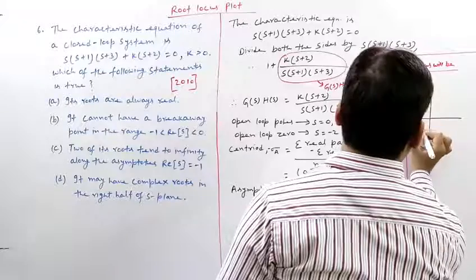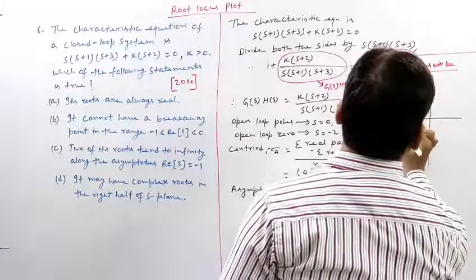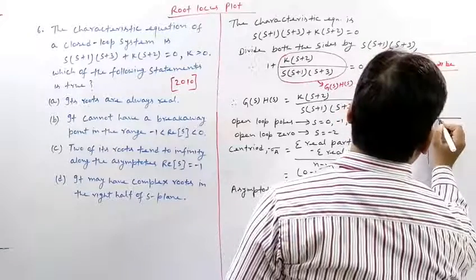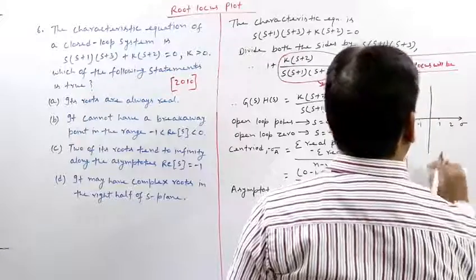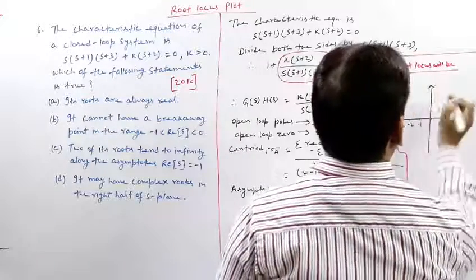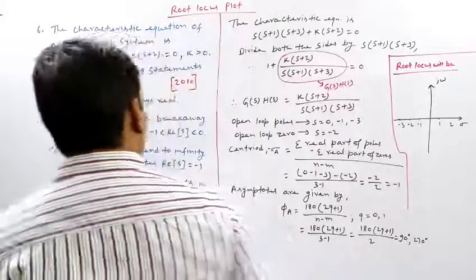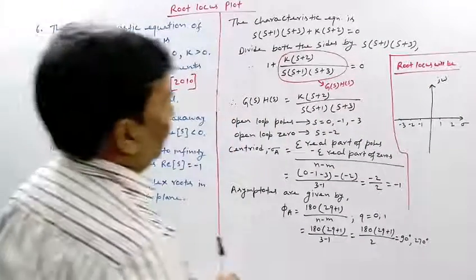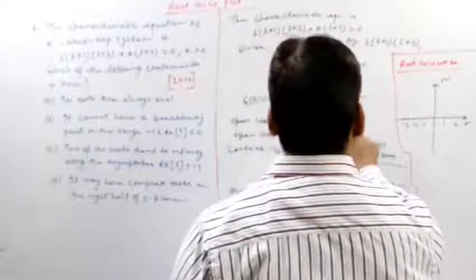This one is -1, this one is -2, and this one is -3. This is the real axis and this one is the imaginary axis, j omega. Now the open loop poles are at 0, -1, -3. Let us denote them by blue.